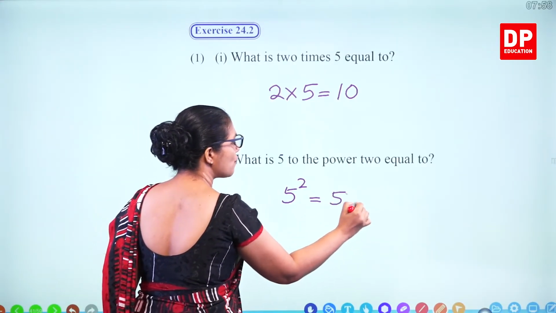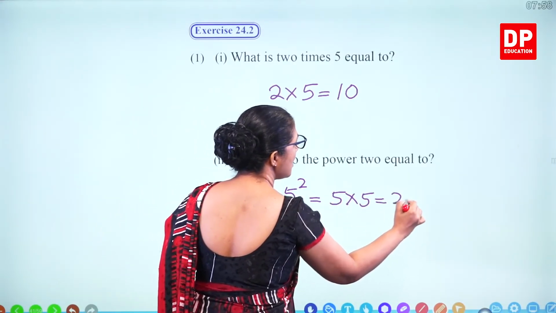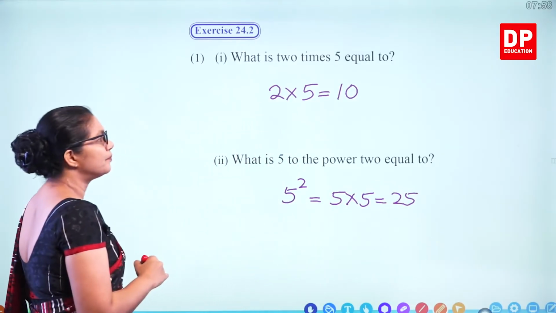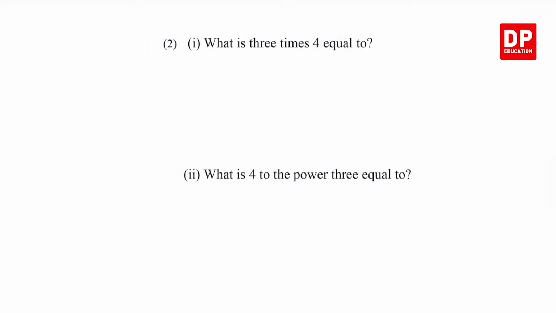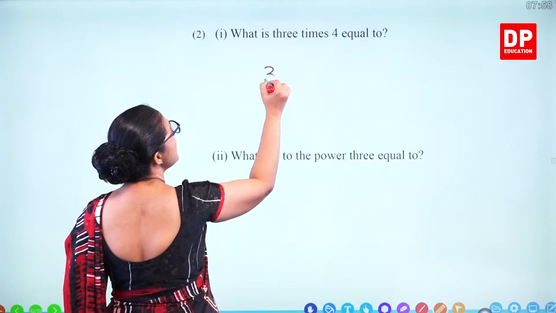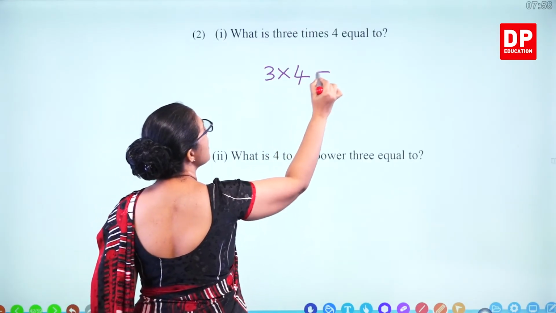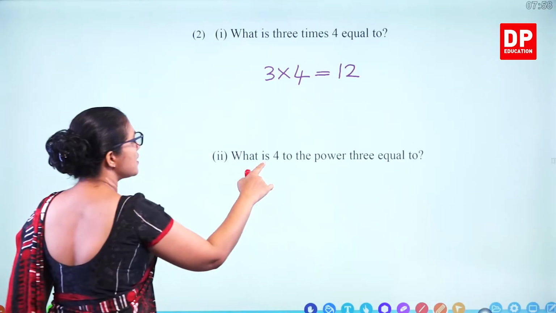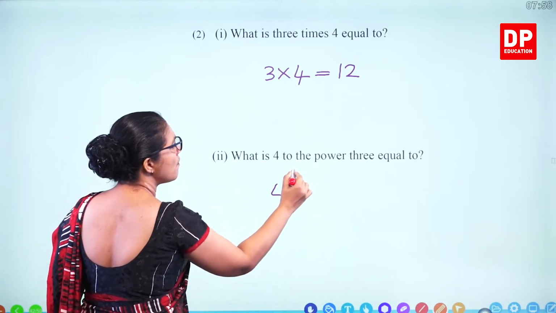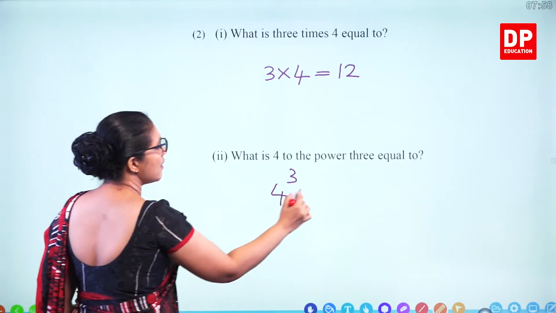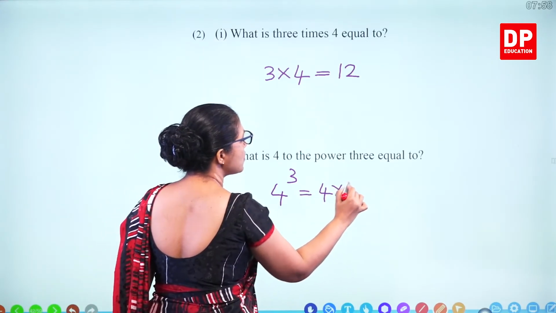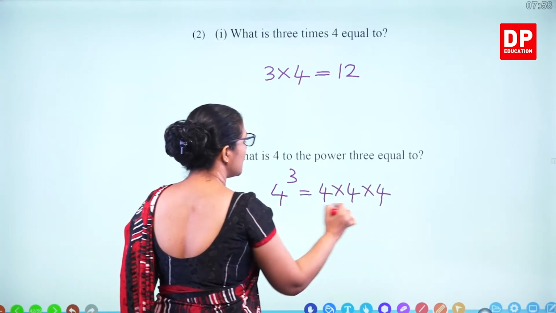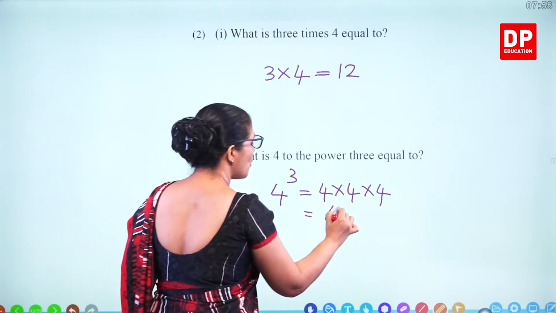That's 5 into 5, 25. What is 3 times 4? 3 times 4 means multiplication. That's 12. What is 4 to the power of 3? 4 to the power of 3, 4 times 4 times 4. 16 times 4, 64.